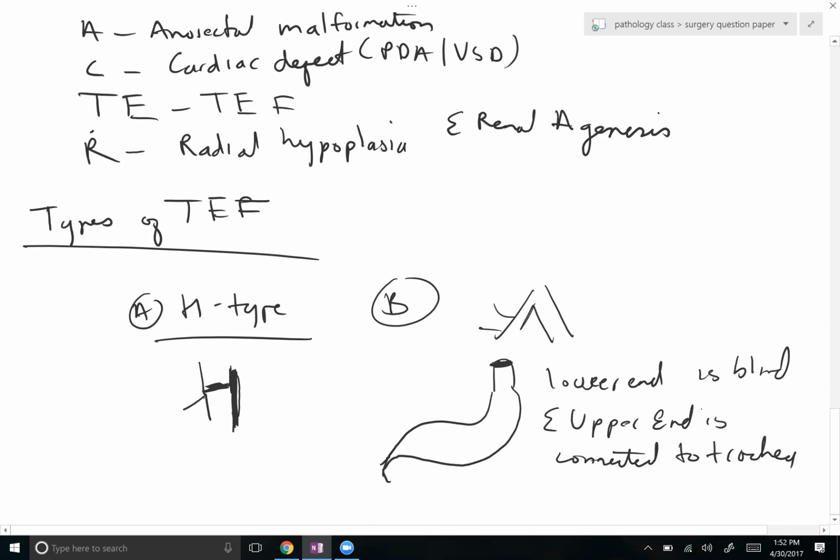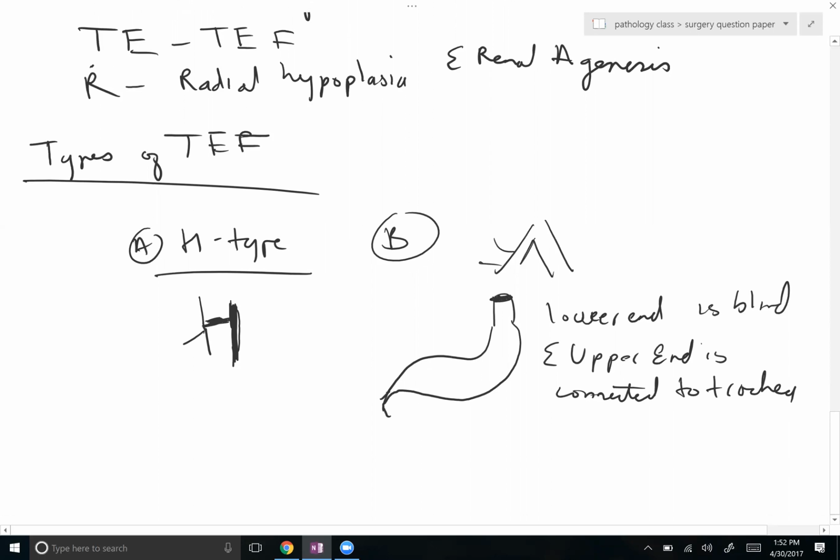This is the second type. The upper part is connected to the trachea.